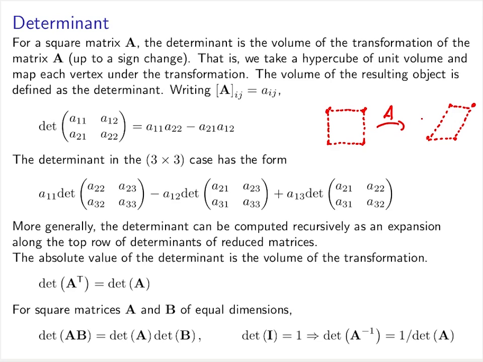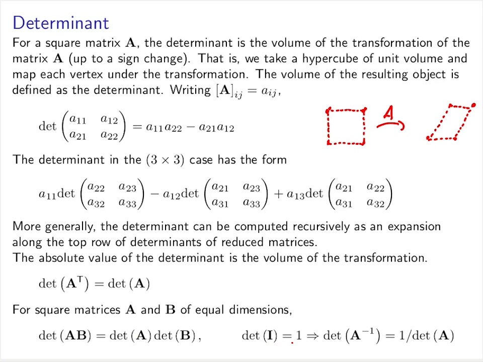As you probably know, computing the determinant is rather involved, even though there are a couple of nice recursive formulas. For big matrices, computing the determinant is usually a difficult task. There are a couple of nice identities. In particular, the determinant of a transposed matrix is the determinant of the original matrix, and if you have a product of two matrices A and B, the determinant of the product is the product of the determinants.